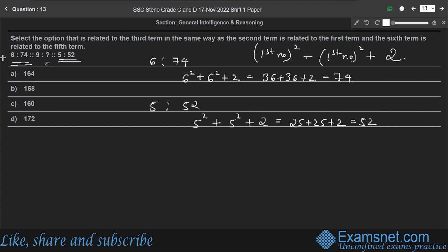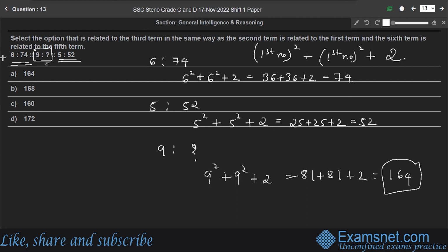Therefore, to find the missing number, 9 is related to which number? 9 squared plus 9 squared plus 2. 9 squared is 81, plus 81 plus 2. 81 plus 81 is 162, plus 2 is 164, which is the missing number. Hence option A is the right answer.